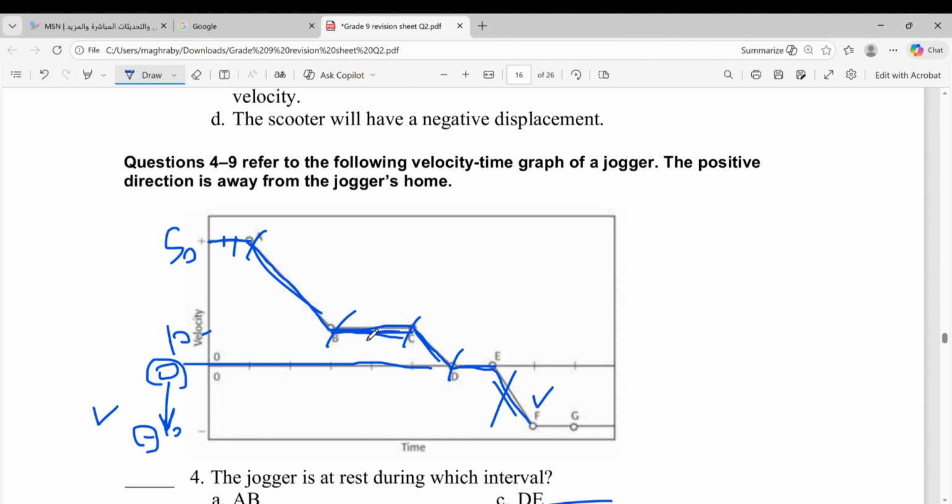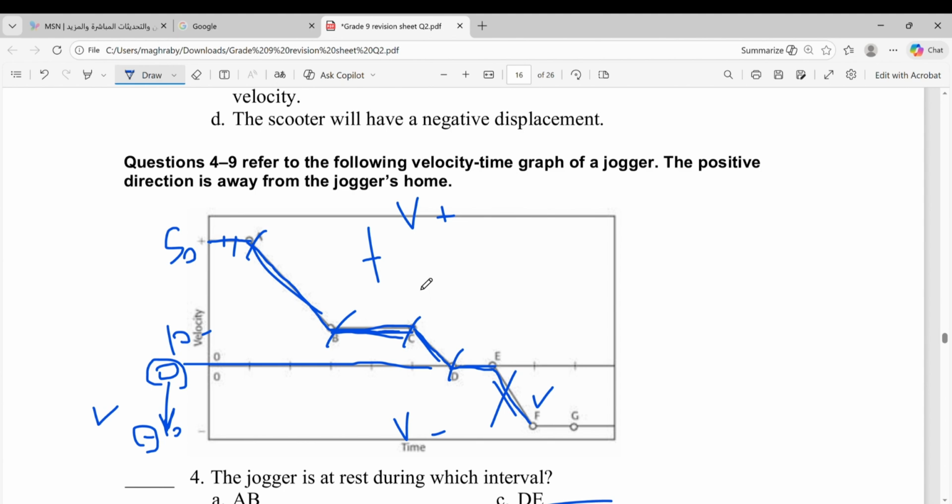Okay, so we need to get back. Here he was traveling this way. The velocity here, or the acceleration here, has a positive sign, and the velocity here has a positive sign, and the velocity here has a negative sign.